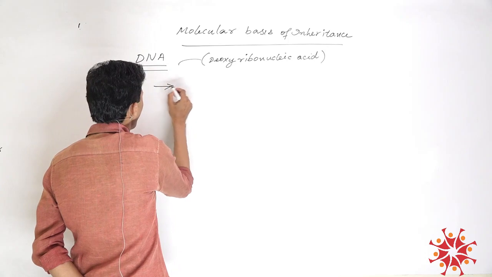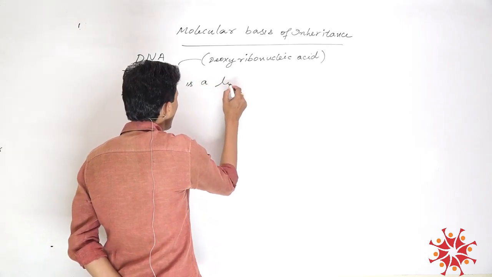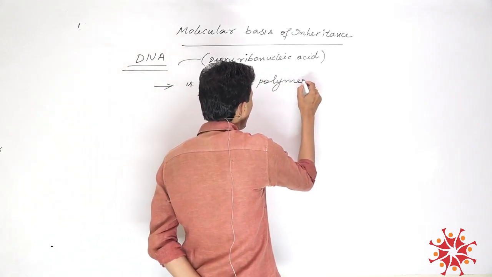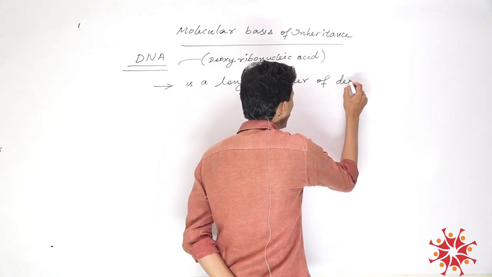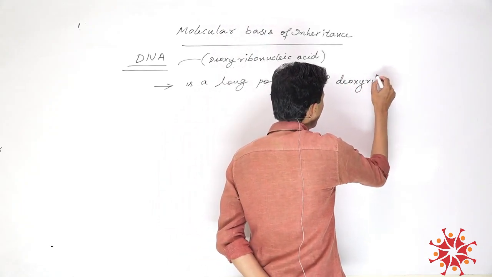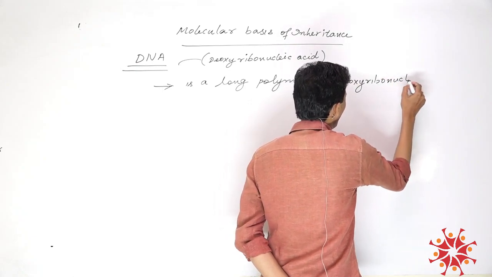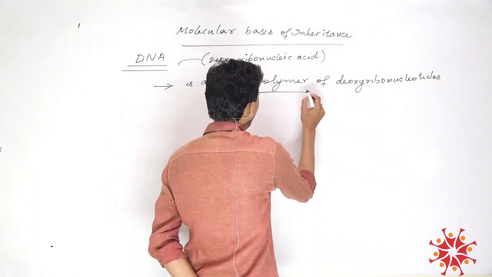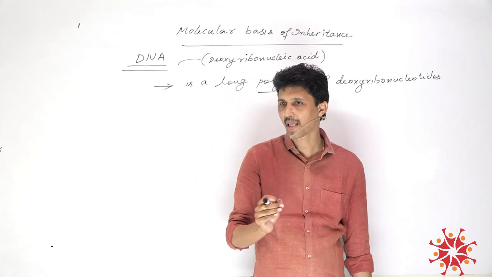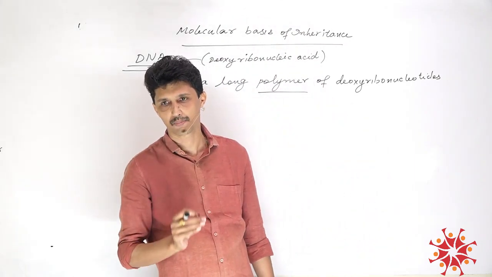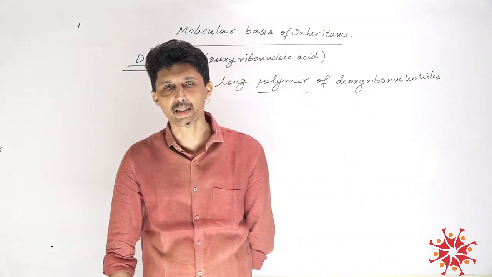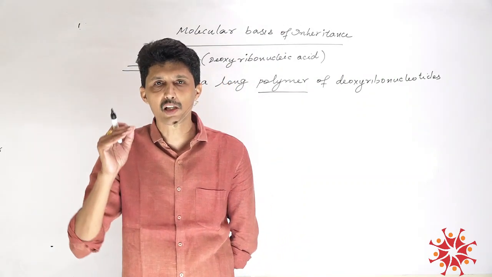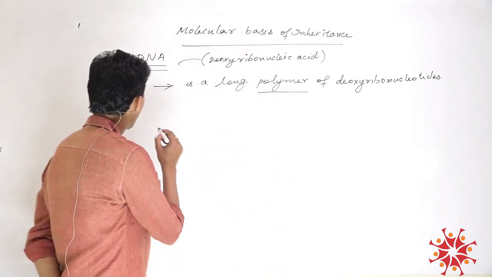This DNA is a long polymer of deoxyribonucleotides, right? So here DNA is a polynucleotide. DNA is a polynucleotide. It is a long polymer of individual units called deoxyribonucleotides. Next.